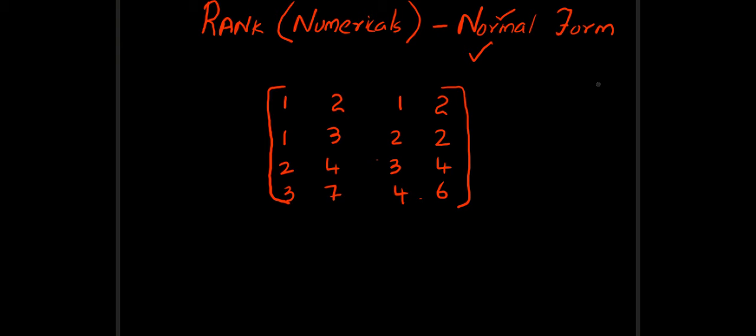The first thing to do is make the corner element 1. It's already 1. Now the second thing to do is convert all the elements below 1 into zeros.